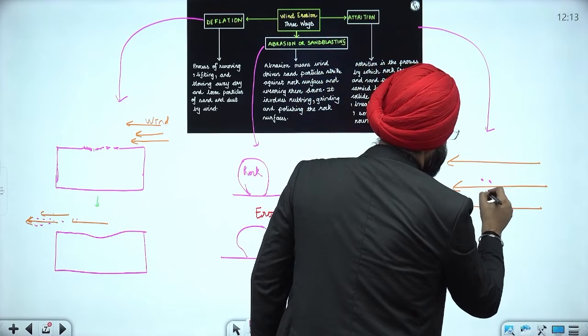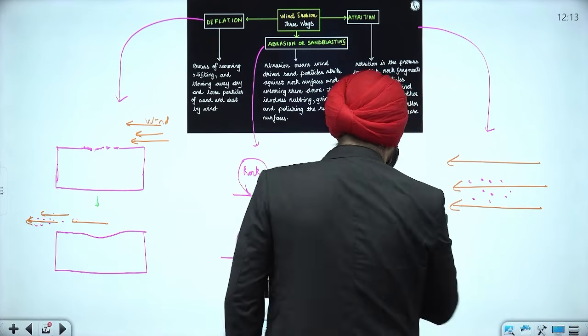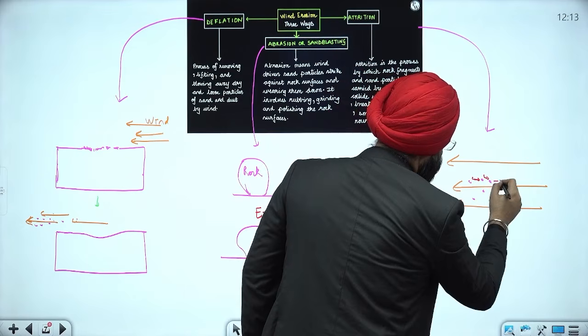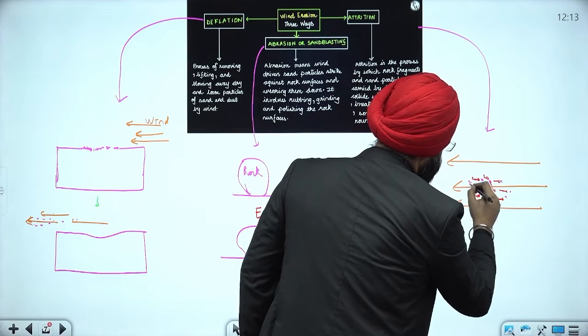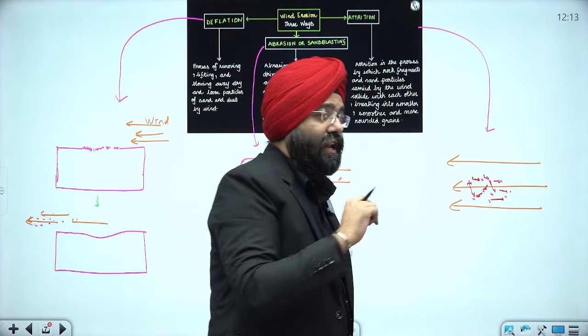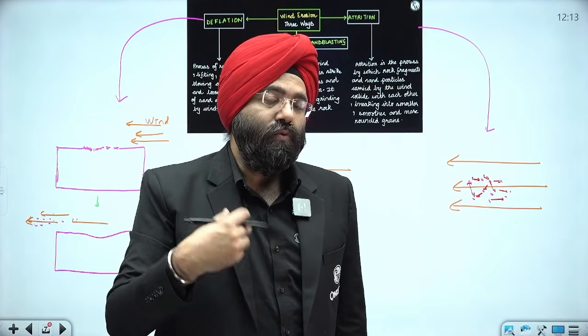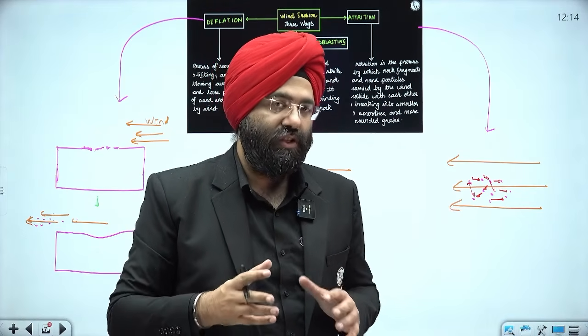These particles are colliding with each other, and that is why the sediments which are present become further more fine because of the collision that is taking place. This is known as attrition.